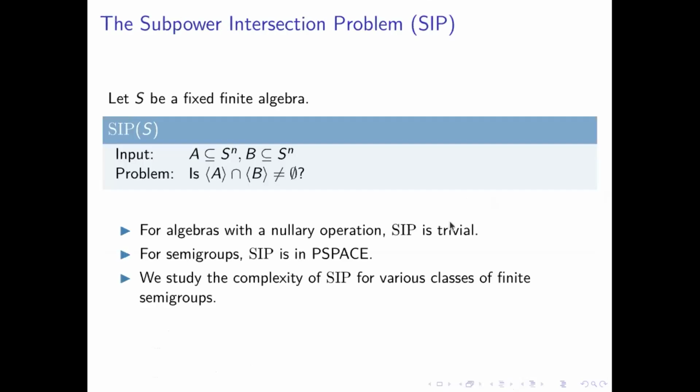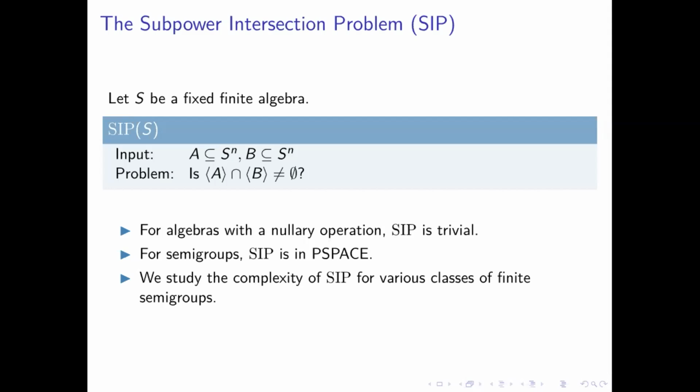All right, so the subpower intersection problem is a related problem to the subpower membership problem. It has inputs, sets A and B of n-tuples over S. The problem is: do the subalgebras generated by A and B have any common element?